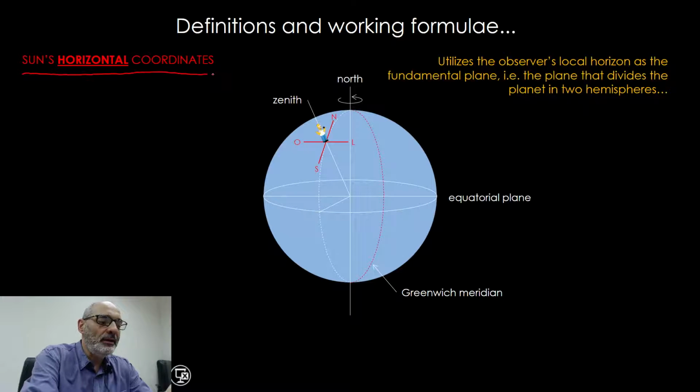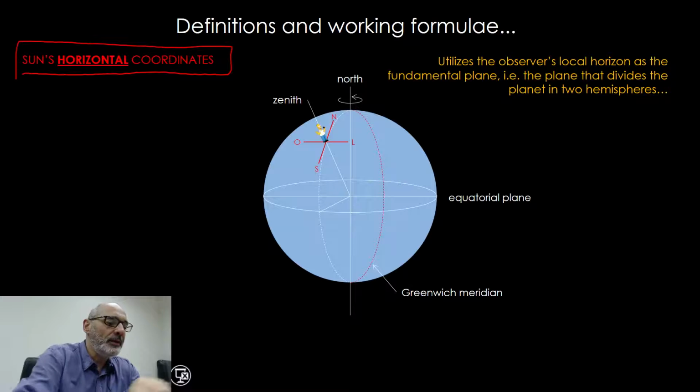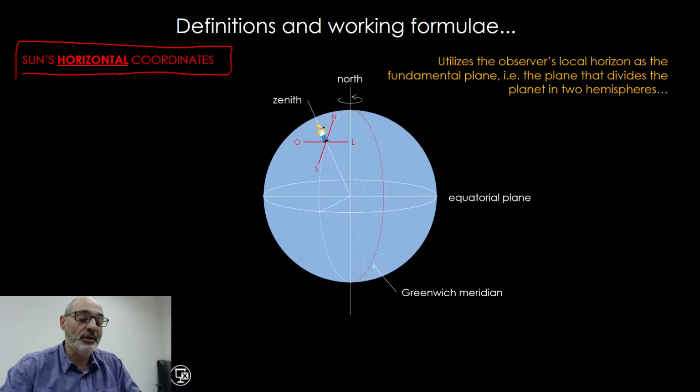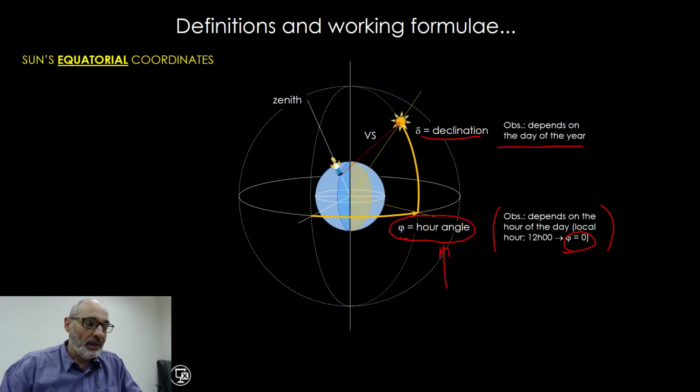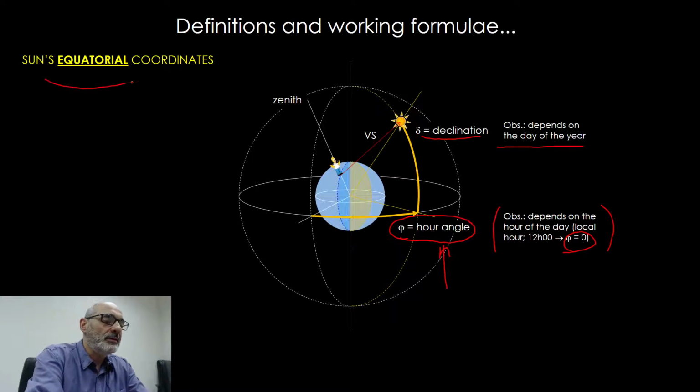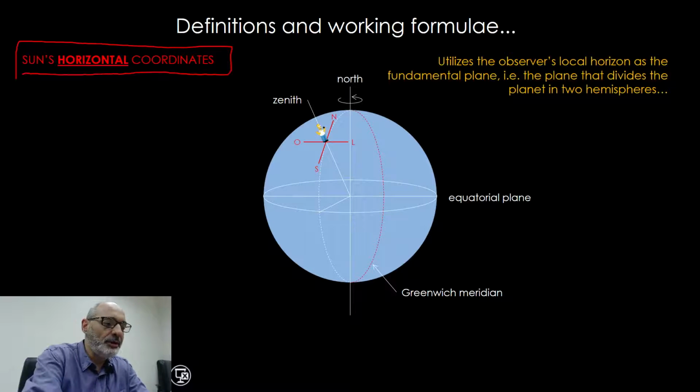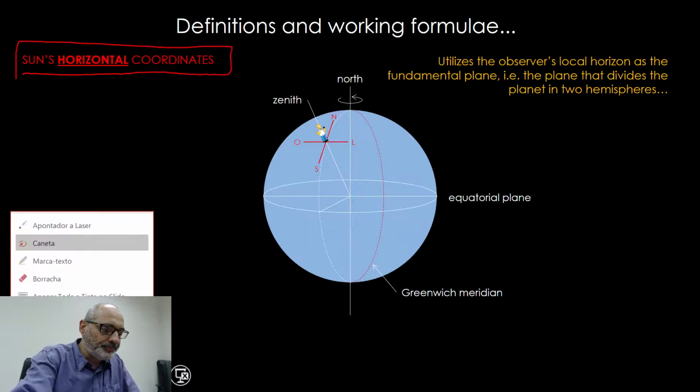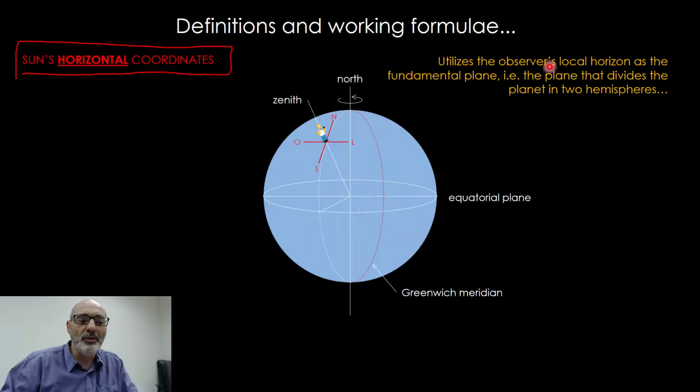Now I'm not talking anymore about equatorial coordinates. Now we're changing to horizontal coordinates. Horizontal because it uses the observer's local horizon as the fundamental plane for the construction of these coordinates.